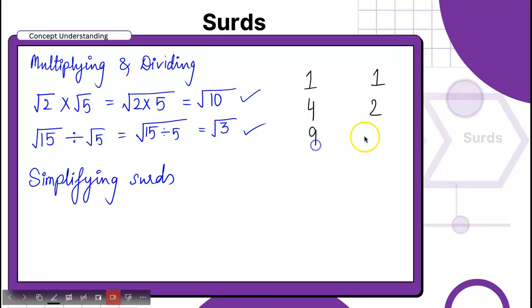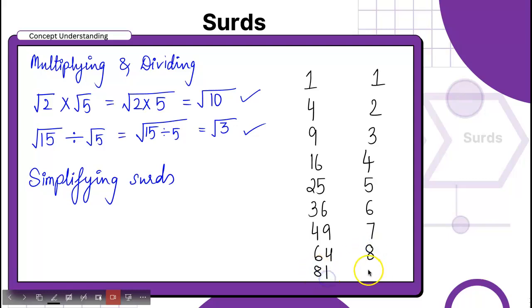Then 9 is the square number of 3. 16 is the square number of 4. 25 is the square number of 5. 36 is the square number of 6. 49, 7. 64, 8. 81, 9, and 100, 10.